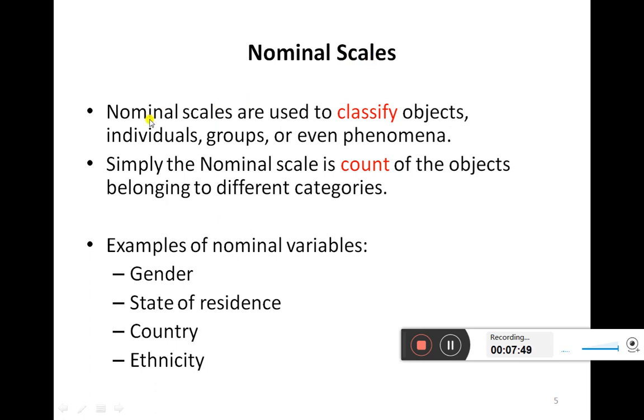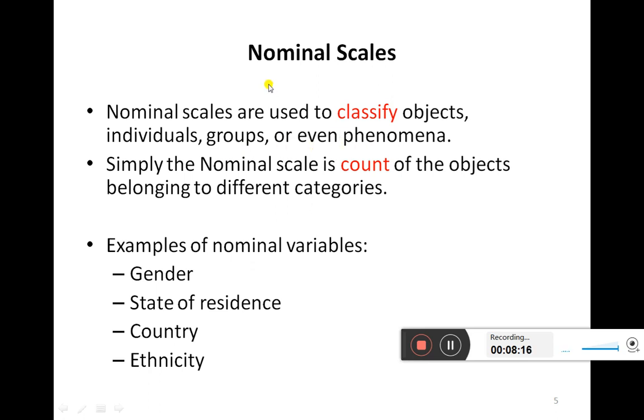Nominal scales are used to classify objects, individuals, groups or even phenomena. What does it mean? It basically categorizes the objects. It only distinguishes one object from another. It makes a differentiation among the objects. It can be individuals, groups, or any phenomenon or event.